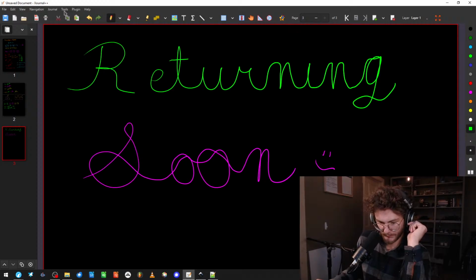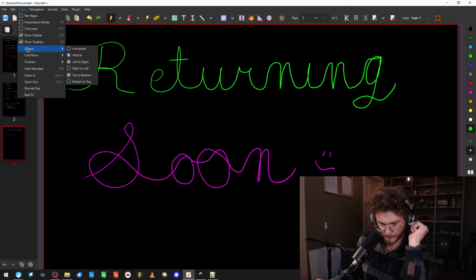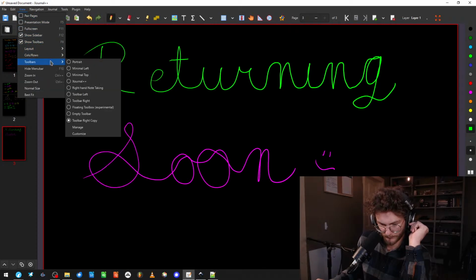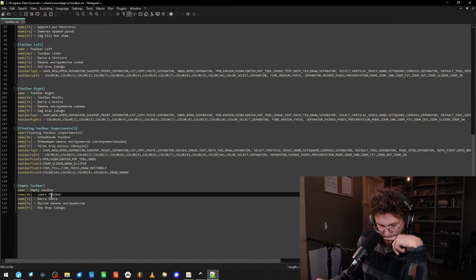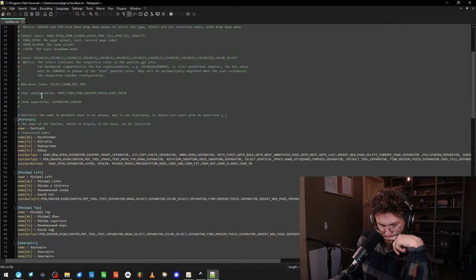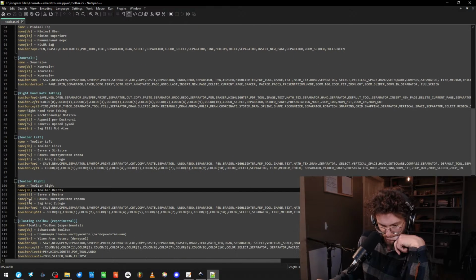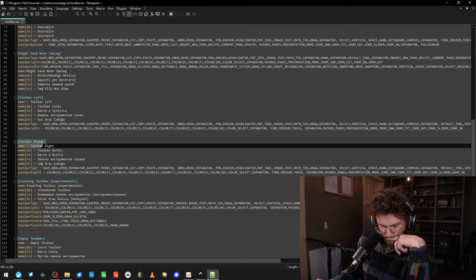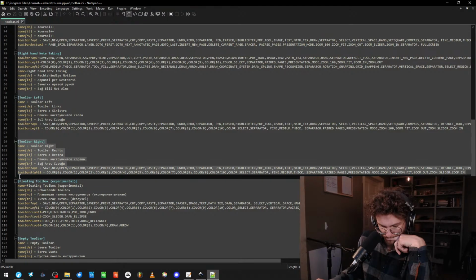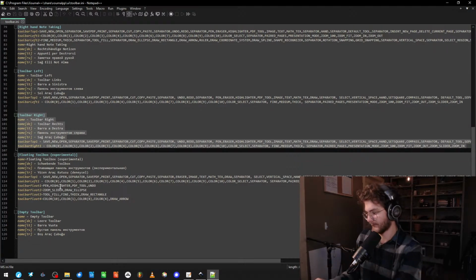We are in toolbars. Toolbar right copy. Okay.